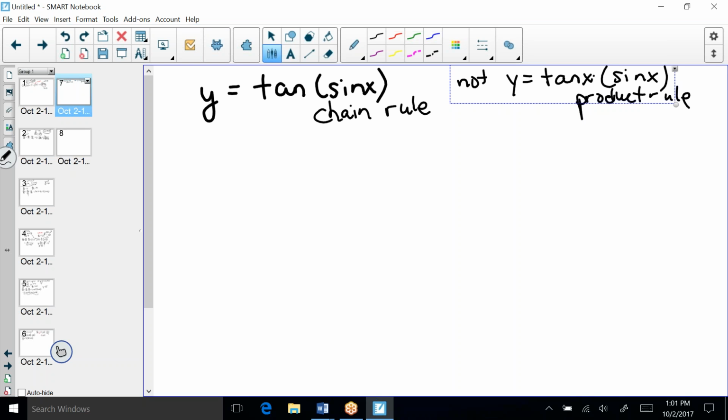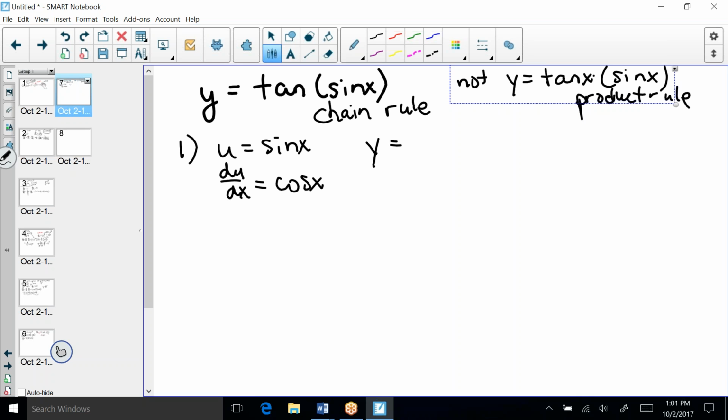All right, so let's look at the Leibniz notation first, our first method that we just learned. We have to find our inside function, u, which is sine of x. Then du/dx is cosine of x.